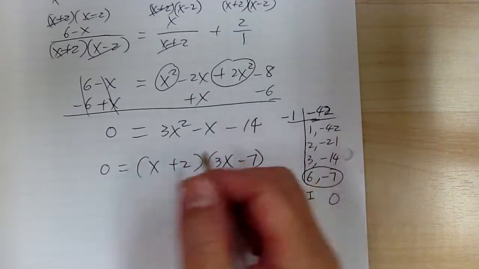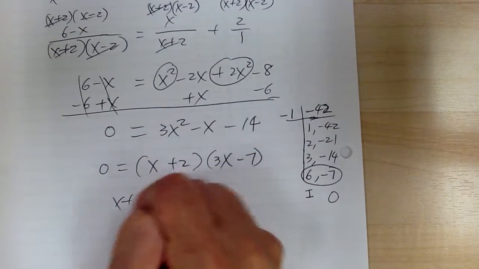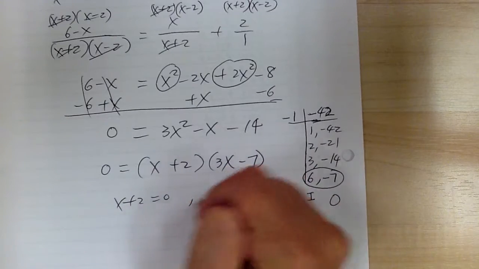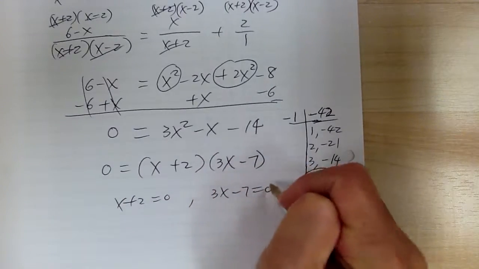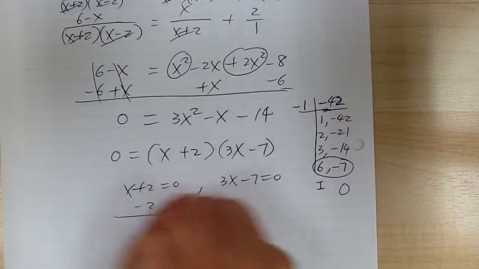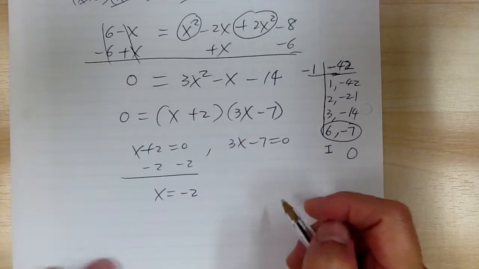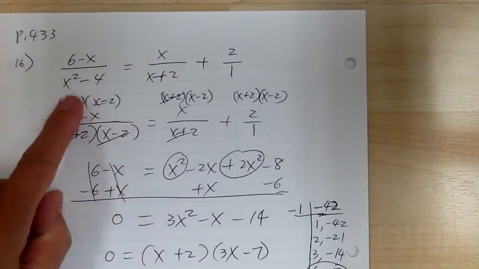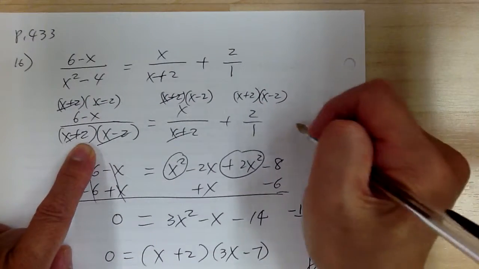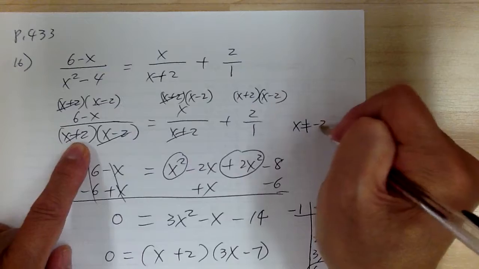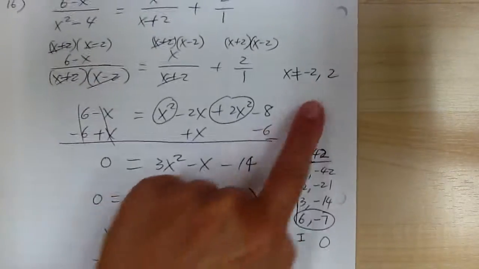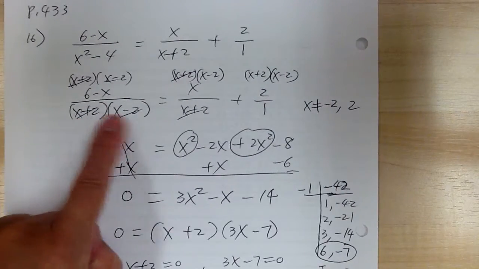So from here, you're going to get x plus 2 equal to 0, and you're going to get 3x minus 7 equal to 0. This one you minus 2 on both sides, so you get x equal to negative 2. But if you look over here, x cannot equal negative 2 and positive 2. So these two values are not allowed because of this.